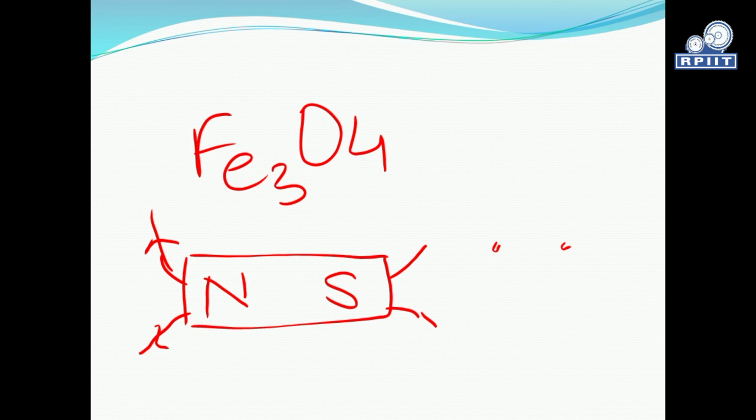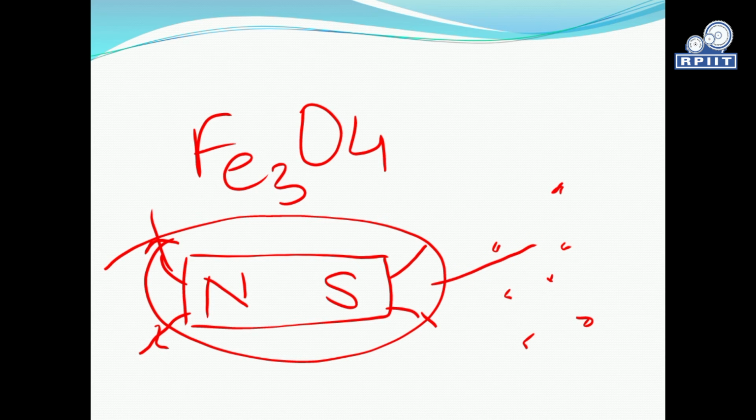These are the iron pieces. This magnet attracts these iron pieces, and it is called a magnet.